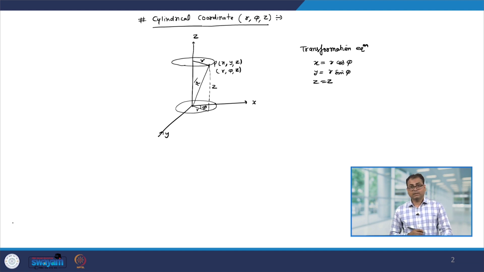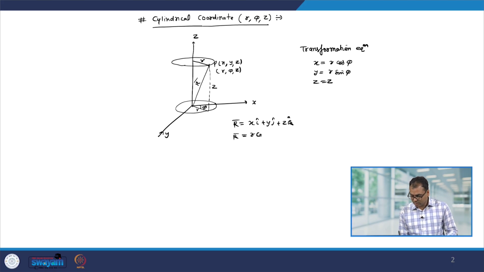Okay. Therefore, the vector r, which is xi plus yj plus zk, I can write down in the cylindrical coordinate system as r cos phi i plus r sin phi j plus z k.